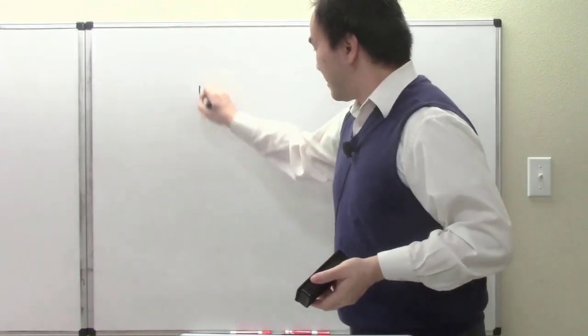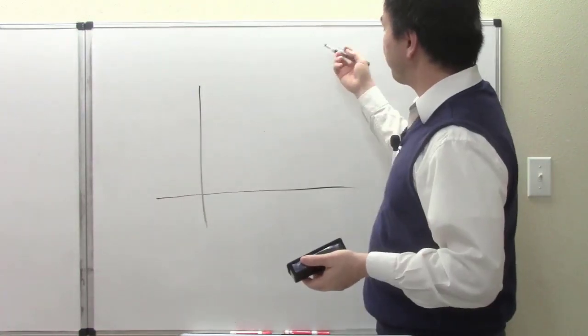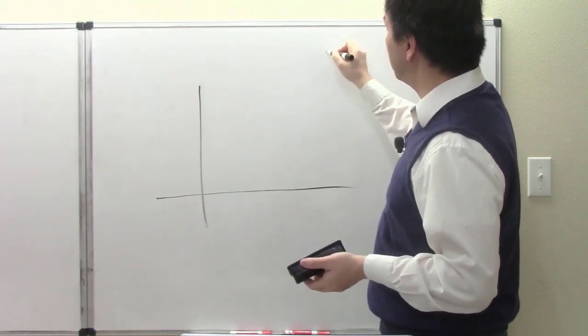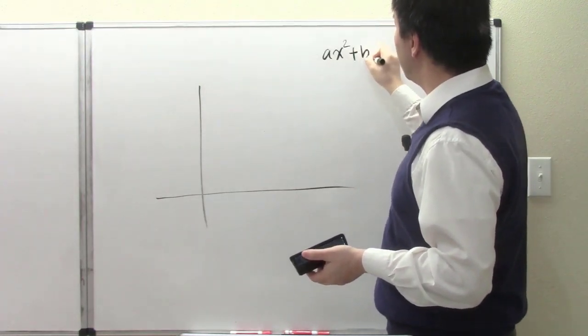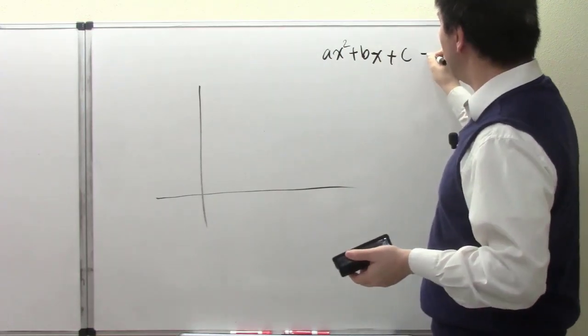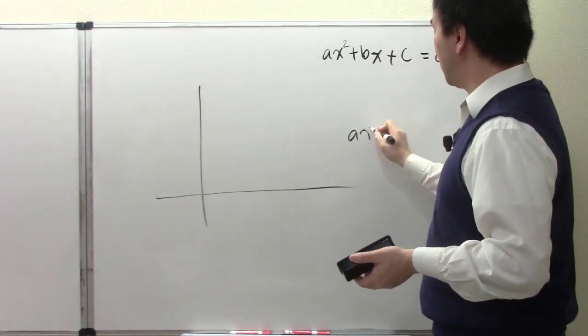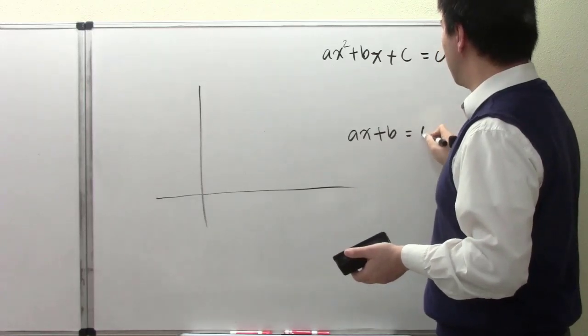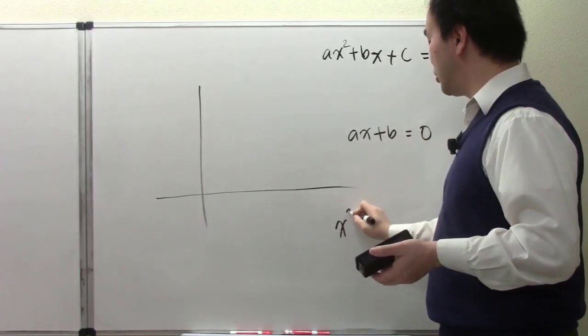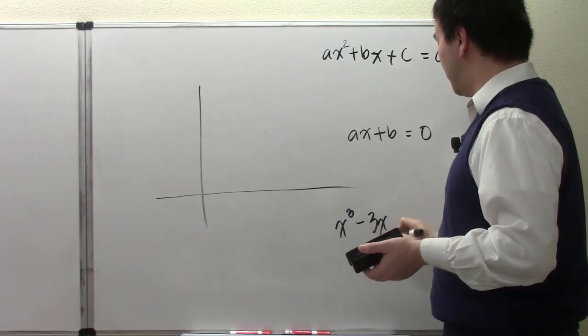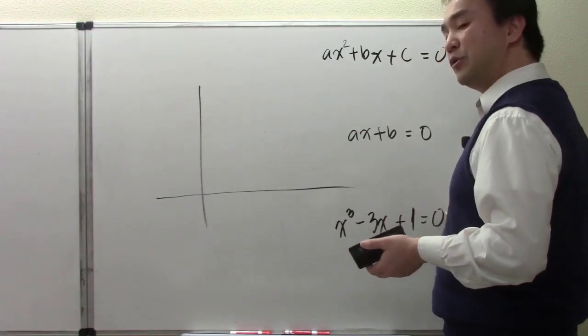So any equation in the end, say ax squared plus bx plus c equals 0, which is a quadratic, or ax plus b equals 0, or something complicated like x cubed minus 3x plus 1 that I brought up on the other board earlier.